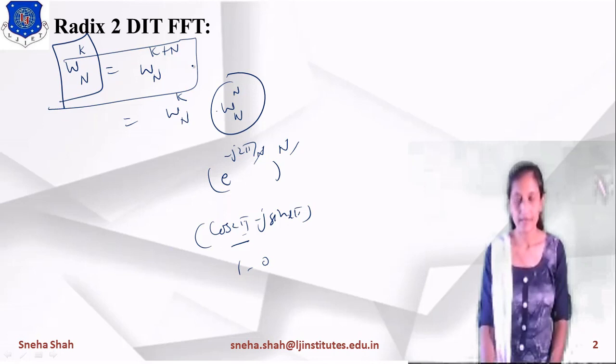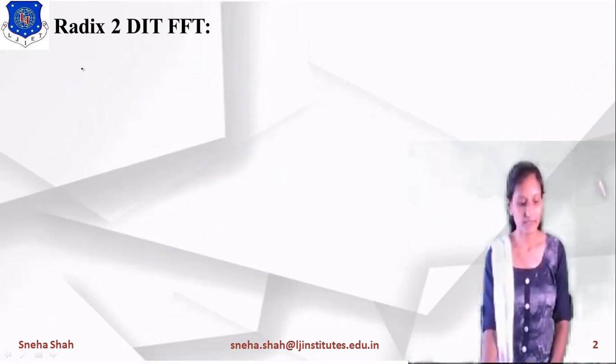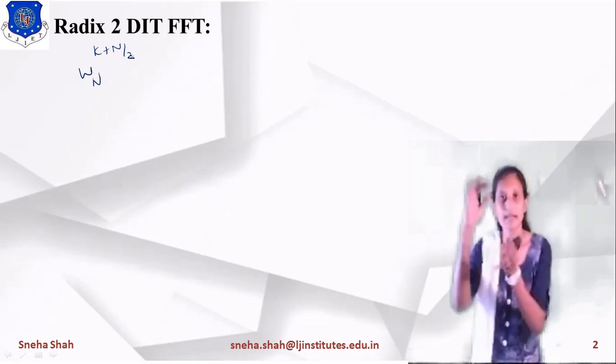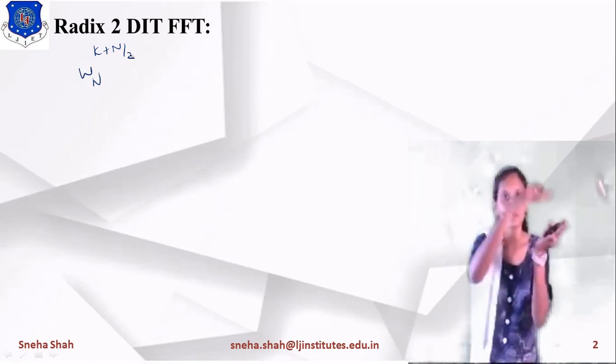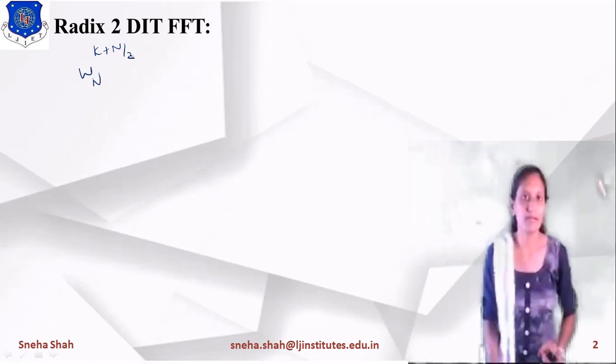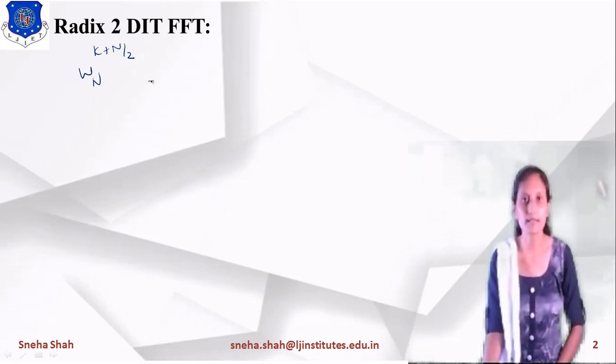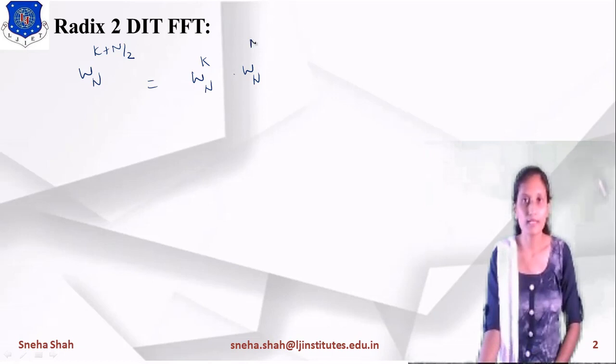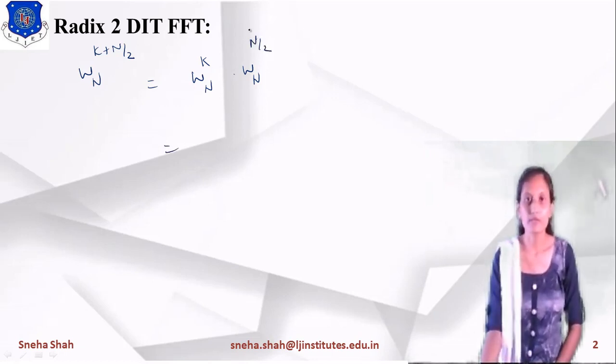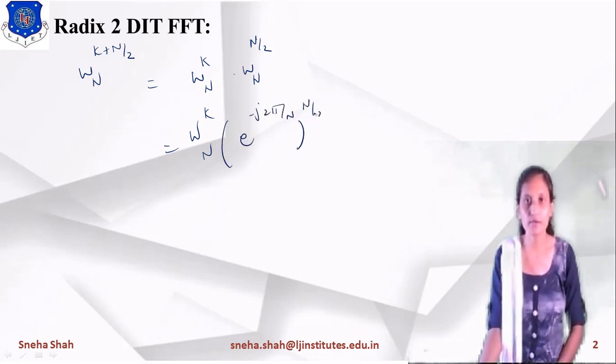So we'll use this property as W_N^k equals W_N^(k+N). Now the next property of the twiddle factor is W_N^(k+N/2), because we had divided 4 into 2 parts, so N by 2, right? If I am taking this, then what will be the term? W_N^k into W_N^(N/2). If I simplify this, W_N^k stays as it is, and this will be represented as e^(-j2π/N · N/2).